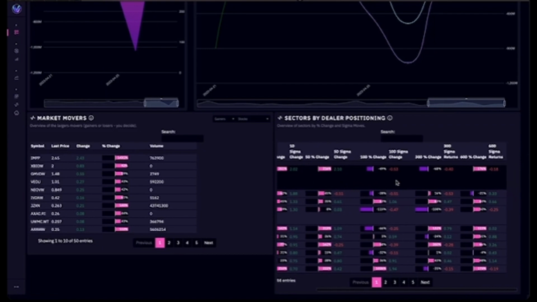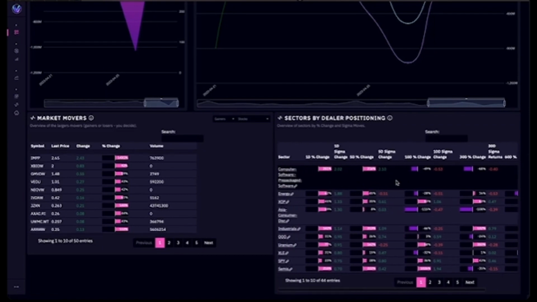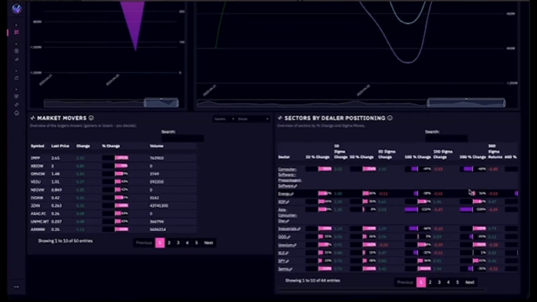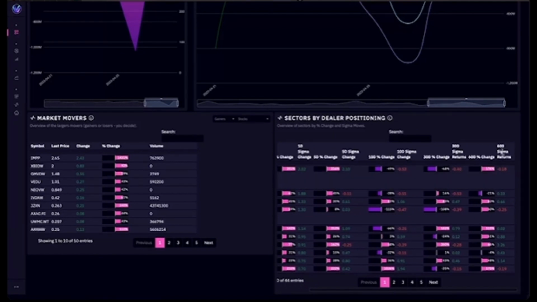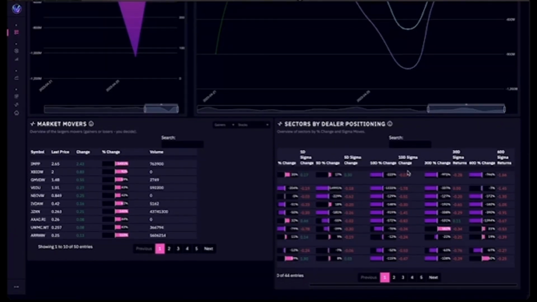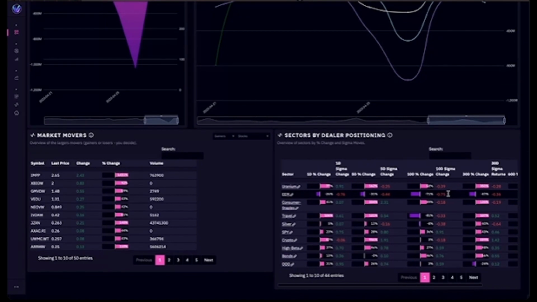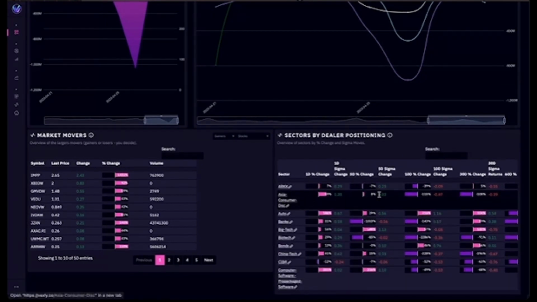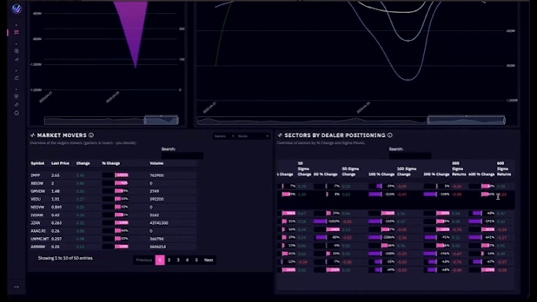Now, to identify whether or not something is going to continue in trend, what I'll do is look at this, and let's just take consumer software, prepackaged software. This would be like Adobe, CRM, stuff like that. I'll look at the prior periods. In the 60-day sigma returns here, you've got a minus 0.25.